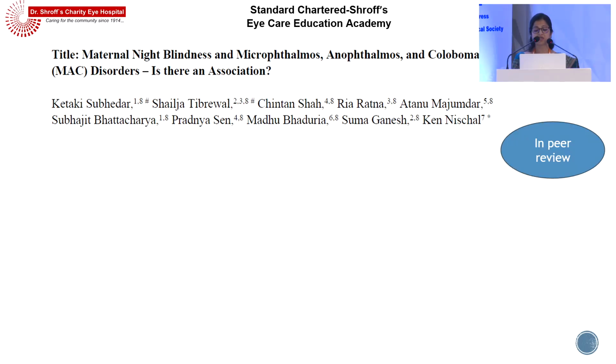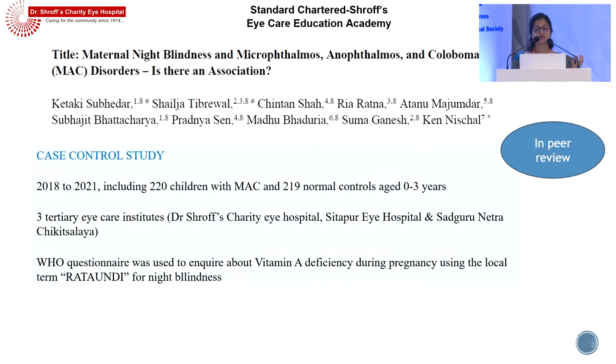So we conducted a case control study, and we recruited children who have MAC versus those who did not have MAC amongst the same population in the three institutes, and asked the mothers a WHO validated questionnaire about vitamin A deficiency in their pregnancy, and we used night blindness as a marker for vitamin A deficiency. Specifically, if you have a local term like Ratondi, which is used in this part of India, then the questionnaire becomes much more specific.